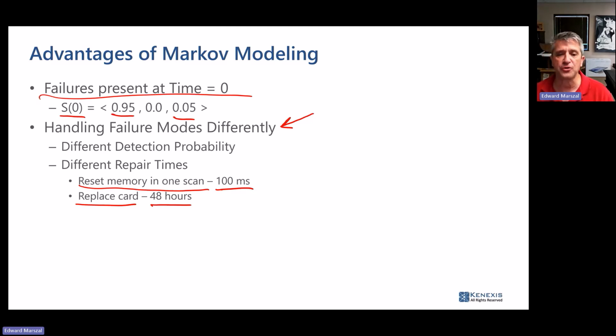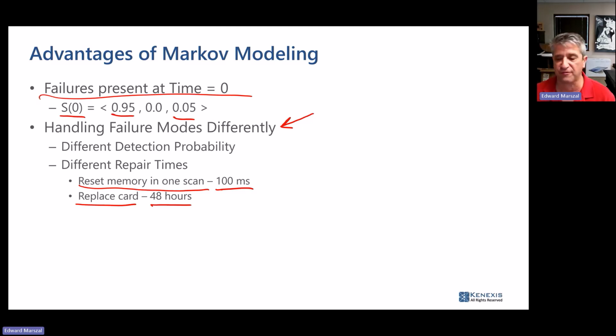But if you do want to run models of your safety instrumented system logic solver, you're probably best off not modeling it yourself, and you're probably best off not modeling it in a packaged software application, no matter how much the equipment vendor or the software vendor tells you how accurate their models are.